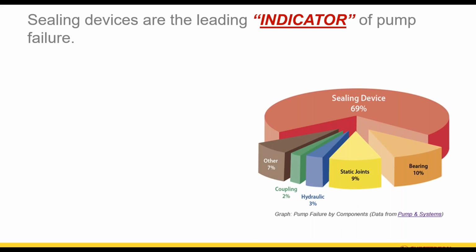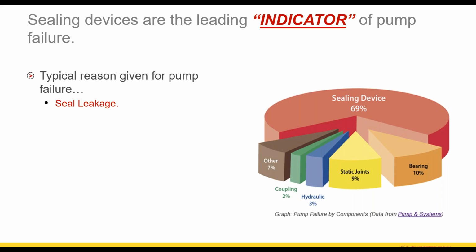So, I used this term earlier, sealing devices are the leading indicator of pump failure. This is some data that's been around for quite a long time now. It's been published a couple times in Pumping Systems magazine, and it's based on a survey that was done back in the 1990s. The survey focused on what's the typical reason for pump failure, and it's seal leakage.